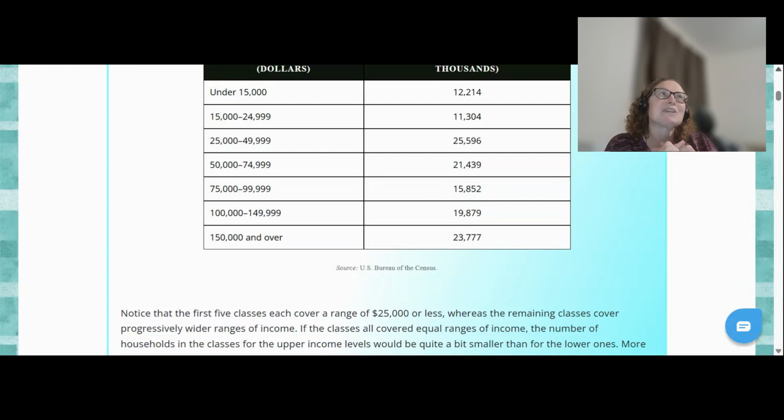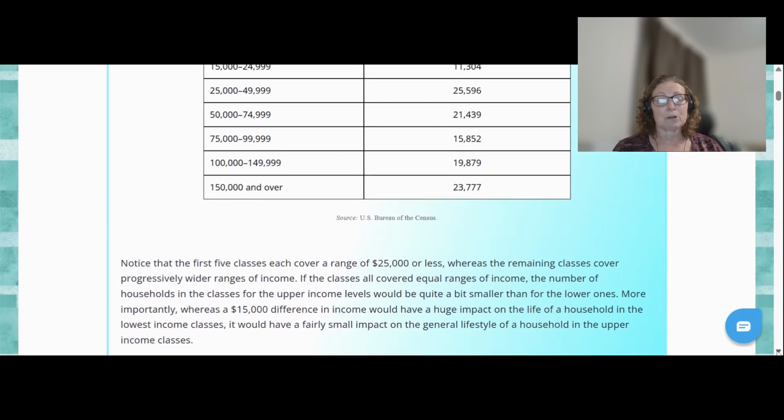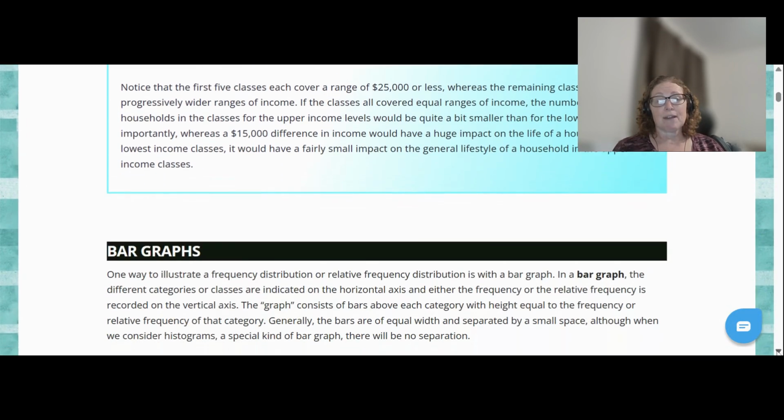You're not measuring the same thing and you're comparing apples to oranges instead of apples to apples. So you really want to make sure: is this really saying the same thing? Is this really the same data or is it something different? That's really important for you to remember as well.